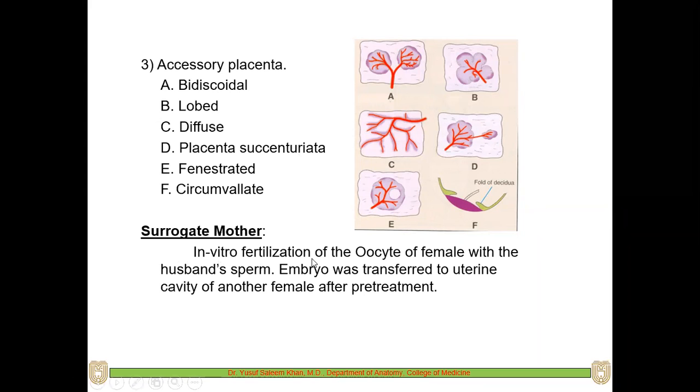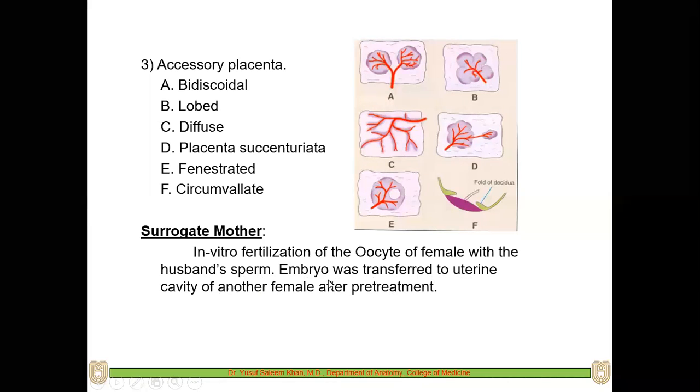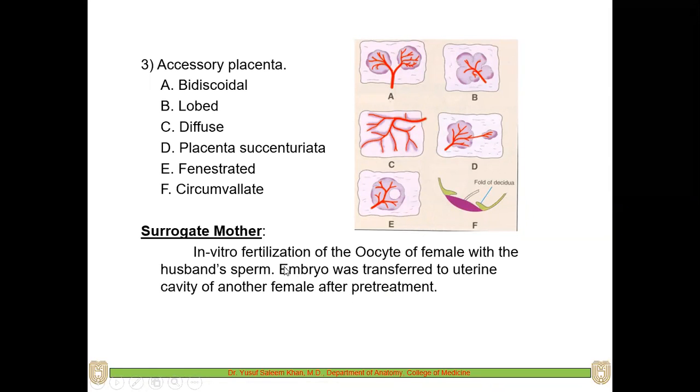So in case of in vitro fertilization of the zygote of the female with the husband's sperm, the embryo is transferred to the uterine cavity of another female after treatment of that embryo or zygote.